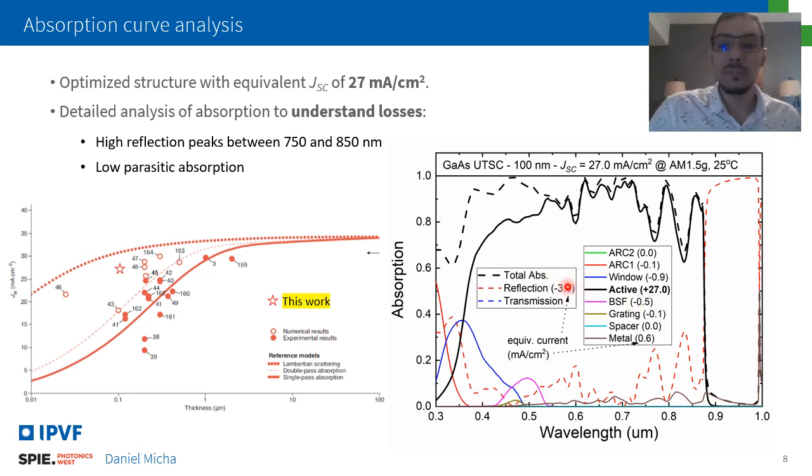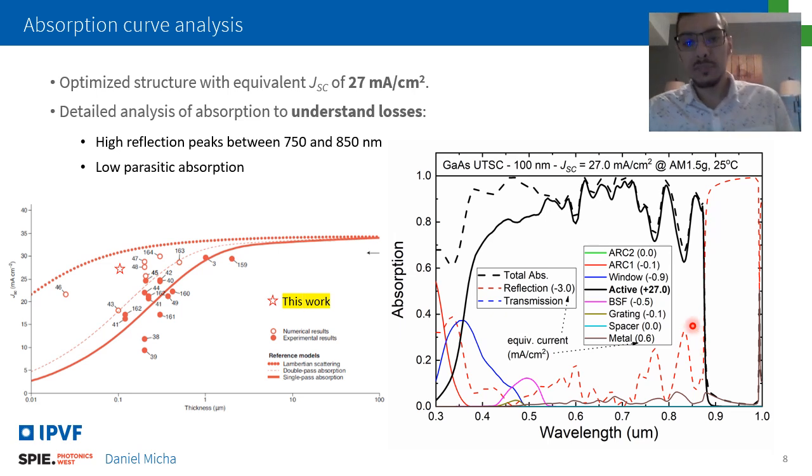The main source of loss in our structure is reflection, actually, with 3 milliamps per square centimeter. And it takes place especially in this wavelength range of 750 to 850 nanometers. This red dashed line is the reflection in our structure.